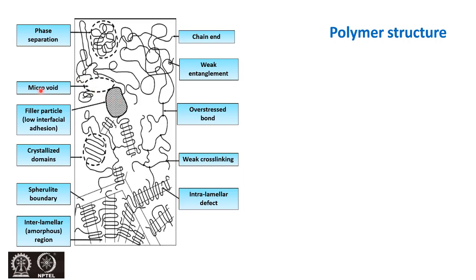Then we have some micro pores or voids, or cracks sometimes. Then we have phase separation, so different phases can also be present in our material. Here, as you can see, this is a chain end, this is a weak entanglement, this is an overstressed bond, this is a weak cross-linking, this is an interlaminar defect. These kinds of observations can also be done with the help of electron microscopy.